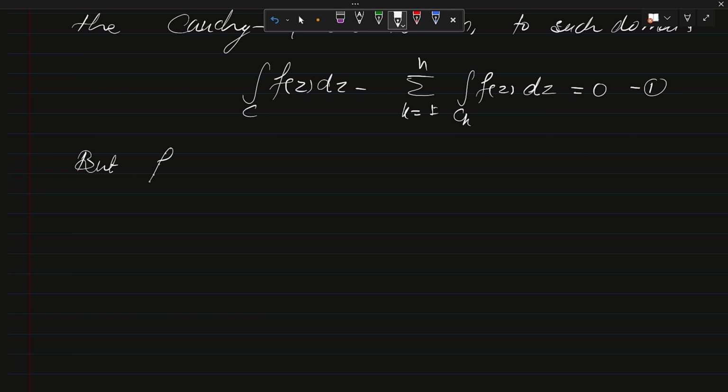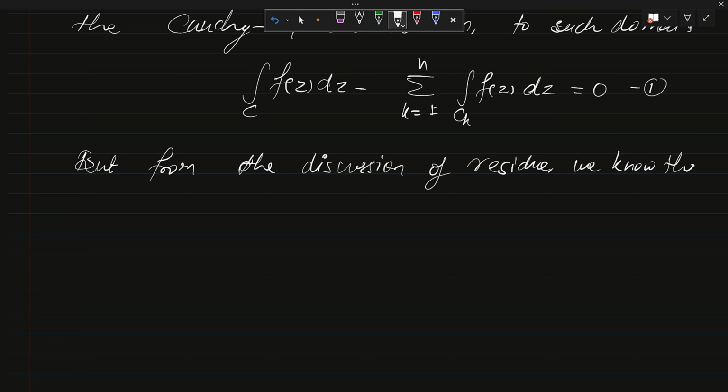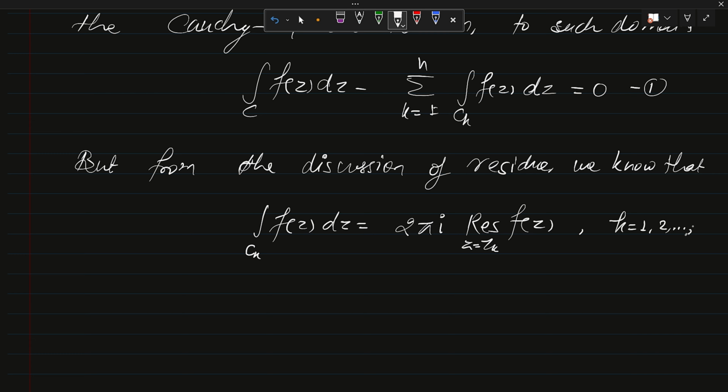But from the discussion of residue, we know that integration along Ck of f(z) dz is nothing but the 2 pi iota times residue of f(z) at z equal to zk, okay, for k is equal to 1, 2 and so on n, right?